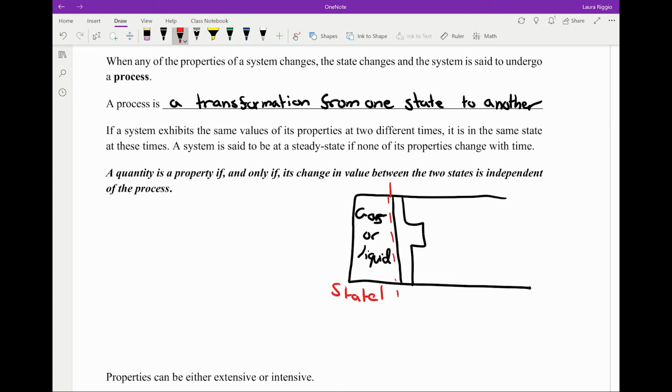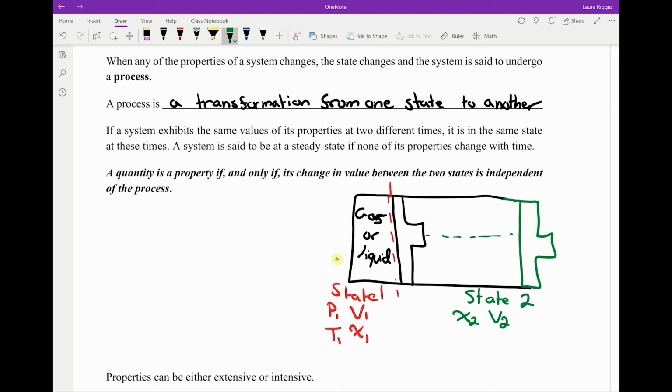So it says state 1, it has a pressure, it has a volume, it has a temperature, and it has a position. If this piston, for example, moves over to here, now we have state 2, which has a new position of the piston, a new volume, a new pressure, and a new temperature.